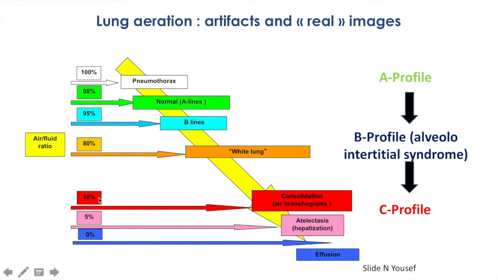And all these artifacts and real images can be described on the scale of air fluid ratio from 100% of air to 0% of air. 100% of air being pneumothorax and 0% being effusion. In between, you have A lines, you have B lines, you have consolidation of various etiologies.